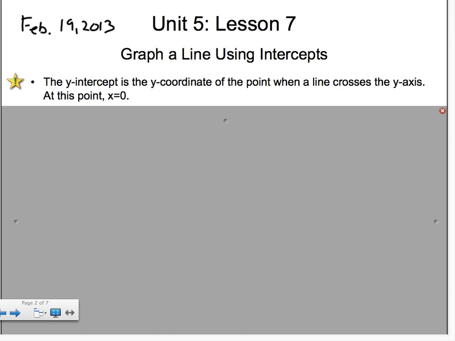Yeah, so we found the y-intercept, though it could actually be any point on the line. In this case we targeted the y-intercept, and then from there we used the slope. So we took the point and used rise and run to get to our next point, and rise and run again to the next point, and then we got a sequence of dots that we connected with a straight line. What was the other way?